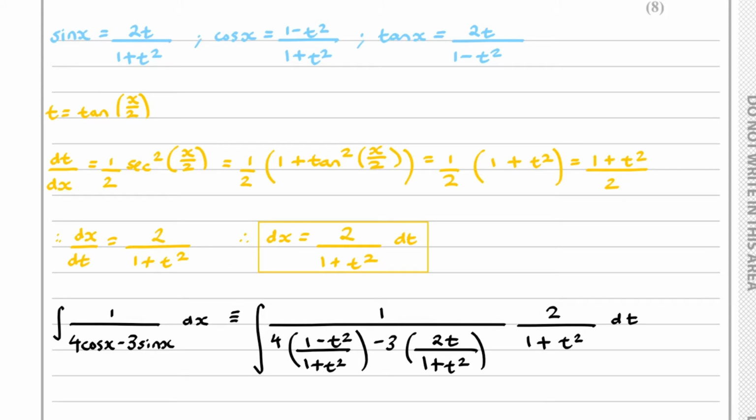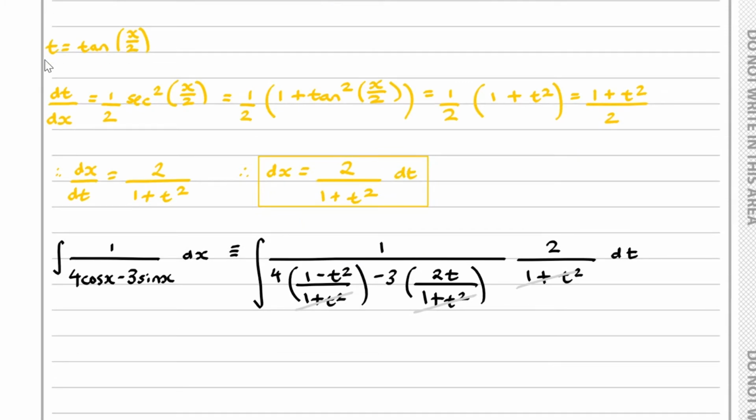At this stage, if you just consider the denominator, hopefully you can see that the 1 plus t squareds cancel. So we're left with, on the bottom, 4 lots of 1 minus t squared minus 3 lots of 2t.